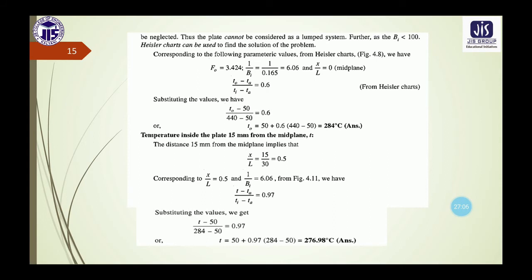Now how to use the Heisler chart? In the Heisler chart, the different values that are given, that is theta by theta naught, versus the Fourier number, are given for different values of 1 by Biot number.